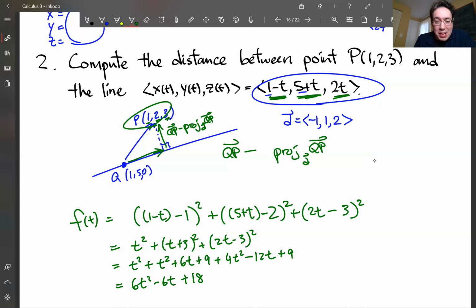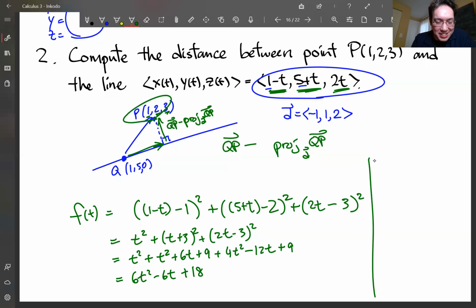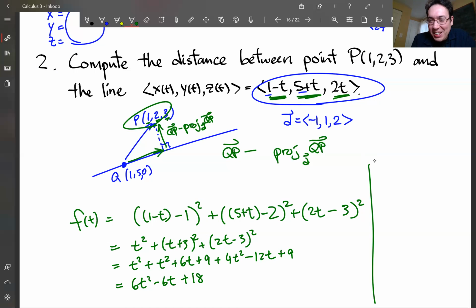Okay. All right, this is a quadratic function. Actually, I don't have to use calculus, right? This is a parabola. So I know how to find the vertex. Maybe I could just use pre-calculus to solve this. Let's do that. All right. So a parabola has a vertex when t equals negative b over 2a.